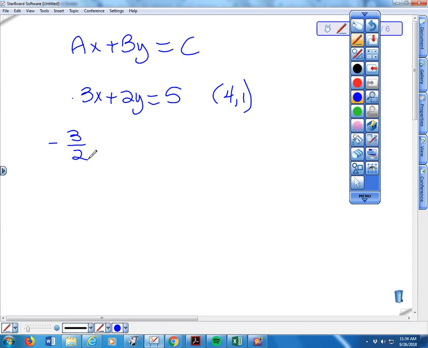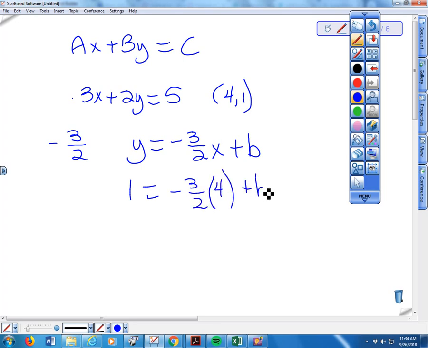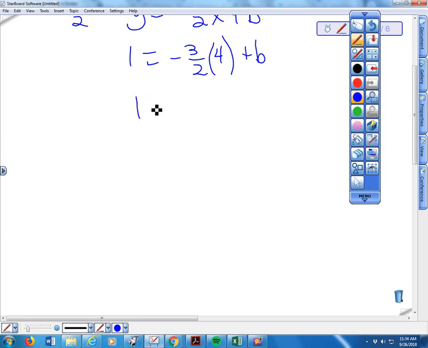Negative 3 over 2. So I'm going to go ahead and start in slope-intercept form and convert it to standard form after I'm done. So I'm going to put the point (4, 1) in. So 1 equals negative 3 over 2 times 4 plus b. 1 equals, this is 1, this is 2, so that's negative 6.